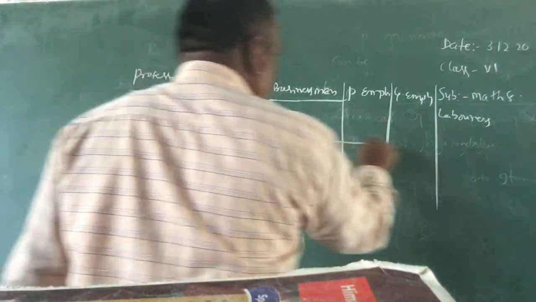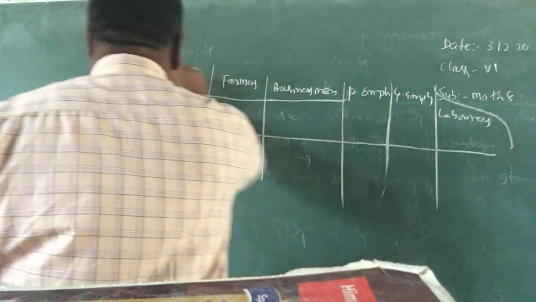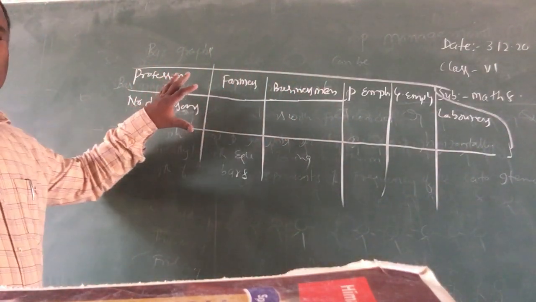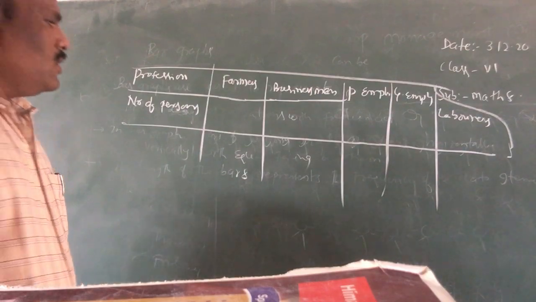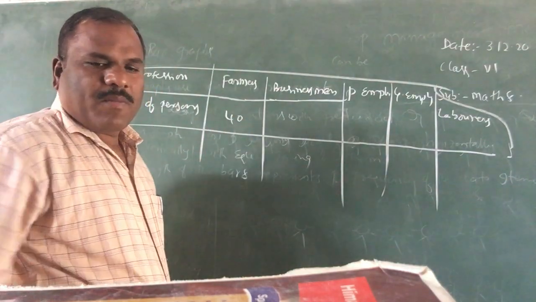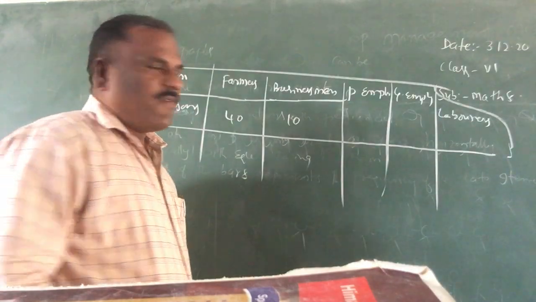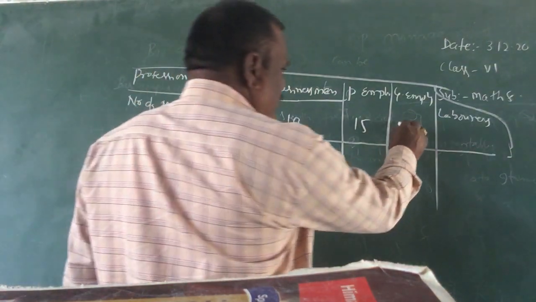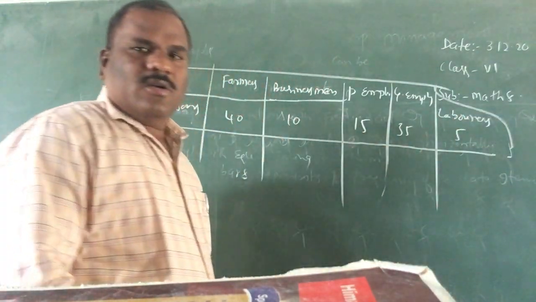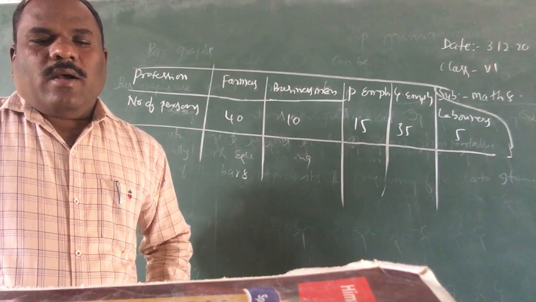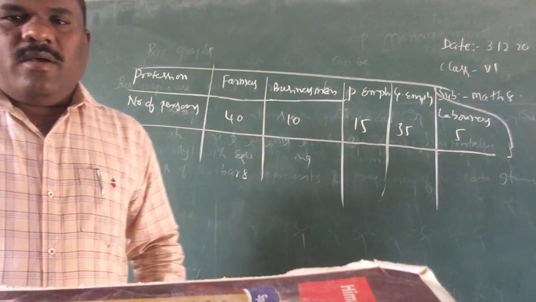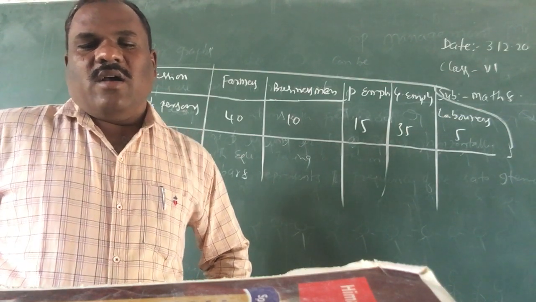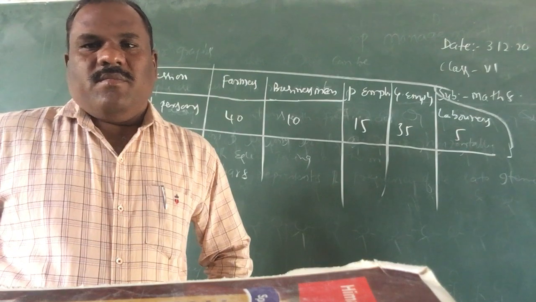So this is the data given. How can we represent the data in the form of bar graphs? The number of persons is 40, 10, 15, 35 and 5. So this is the data given, and we have to represent this data in the form of bar graphs.